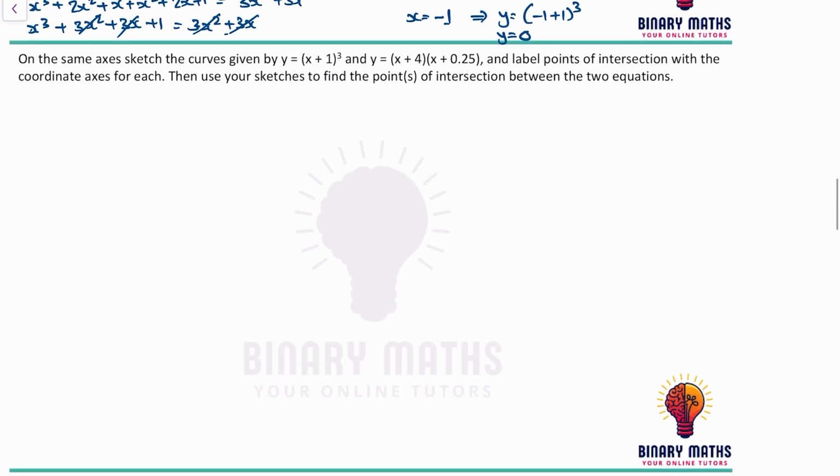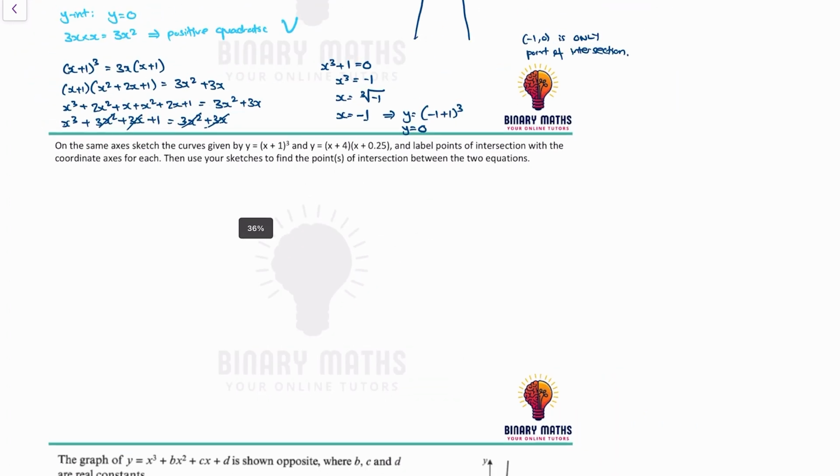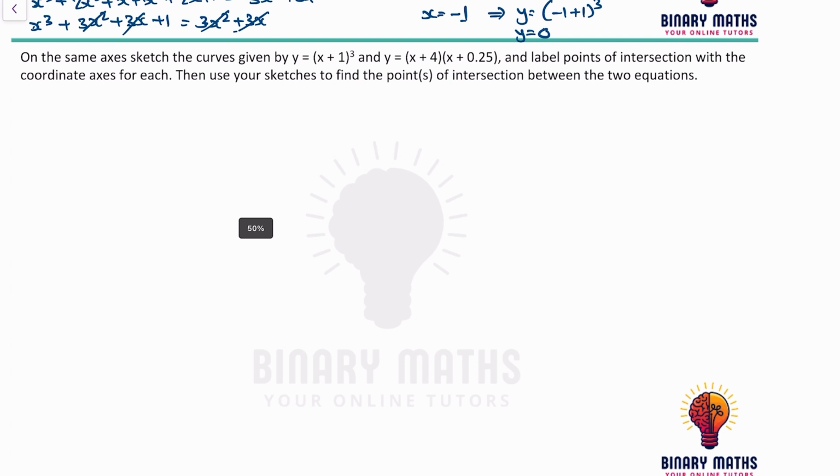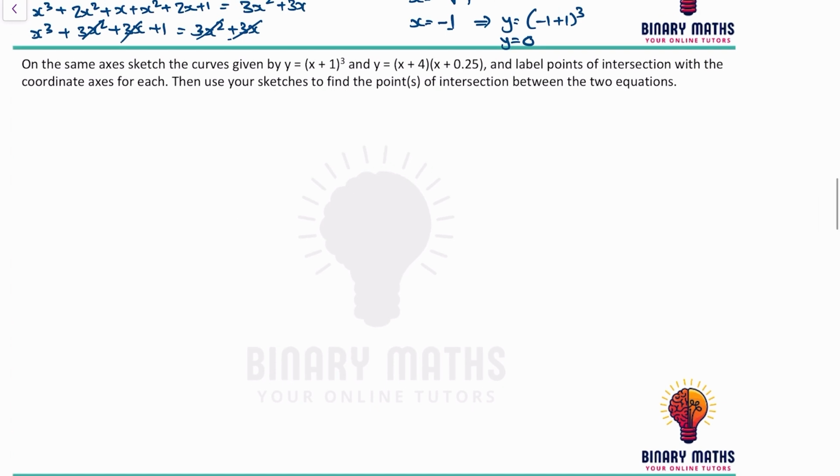Okay, one more example. On the same axis, sketch the curve given by y equals x plus 1 cubed. So we've done this one already from the previous one, but let's do it again anyway. So y is equal to x plus 1 cubed. The x-intercept is x equals -1, which is a triple root again.